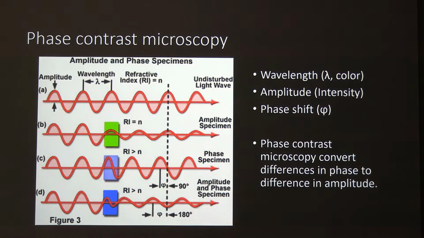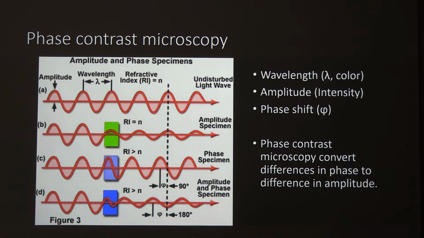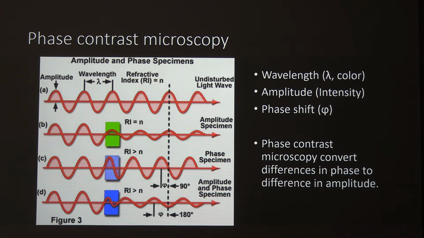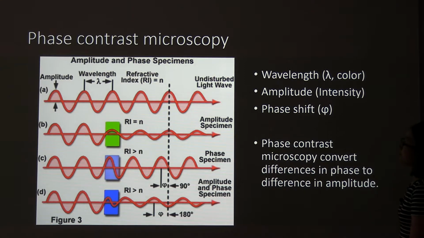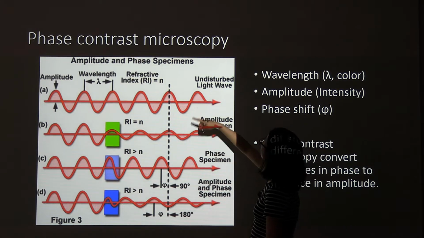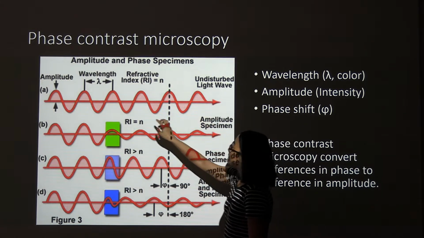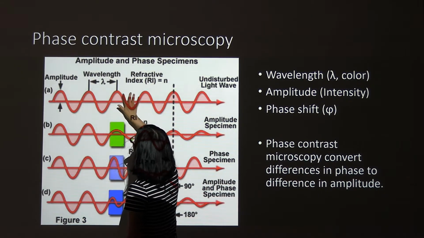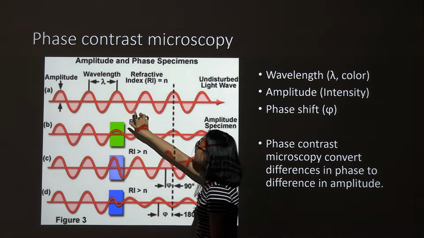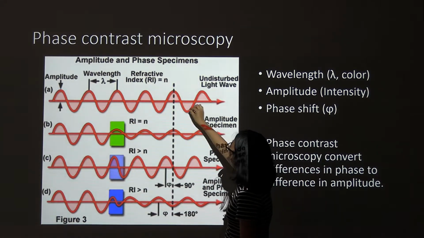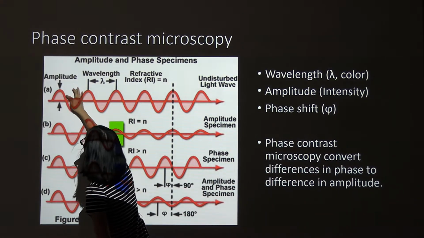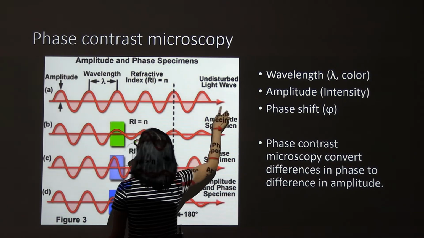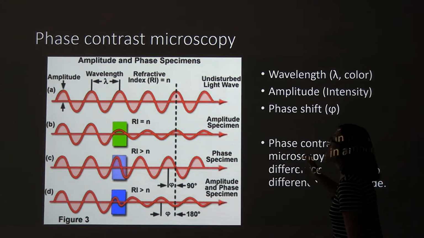So just at the very beginning, I would like to introduce you a little bit of the physics of light. So here shows you the light wave, and you see here between the two high peaks, it's the wavelength. And for the distance from the high peak to the baseline, it shows you the amplitude.